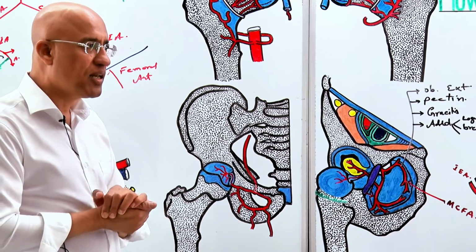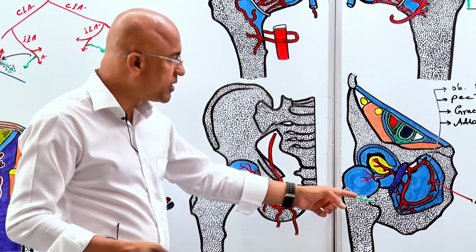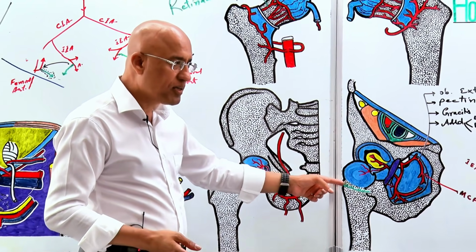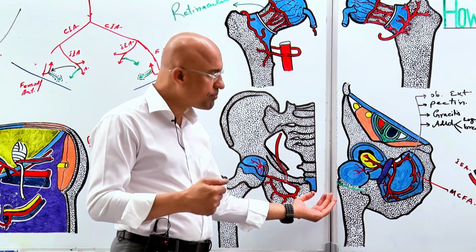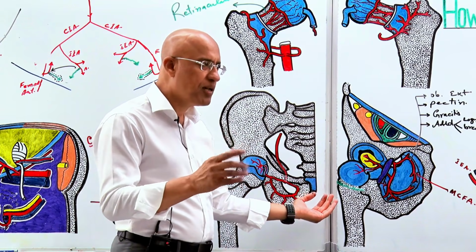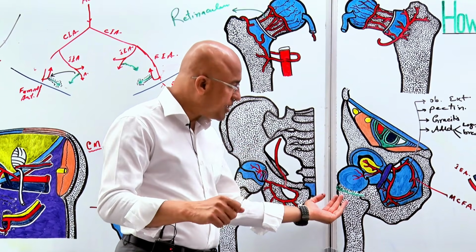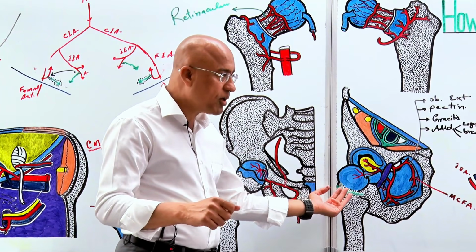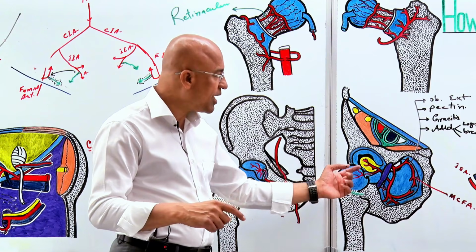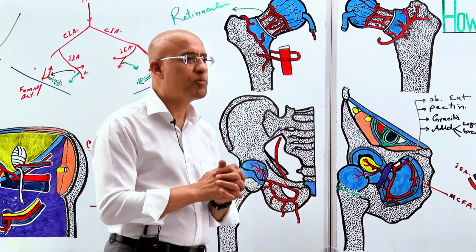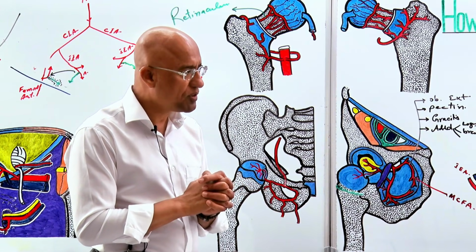But as children grow up and the growth plate matures, it allows the other arteries, retinacular arteries, which we will discuss later, which are derived from the medial circumflex femoral artery, right? If the retinacular arteries approach the head of the femur, then the foveal artery's supply becomes gradually less and it atrophies, right?